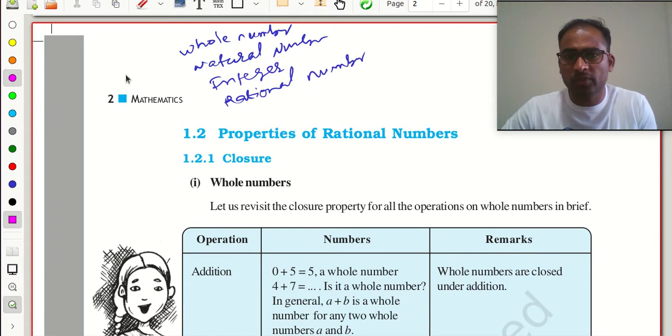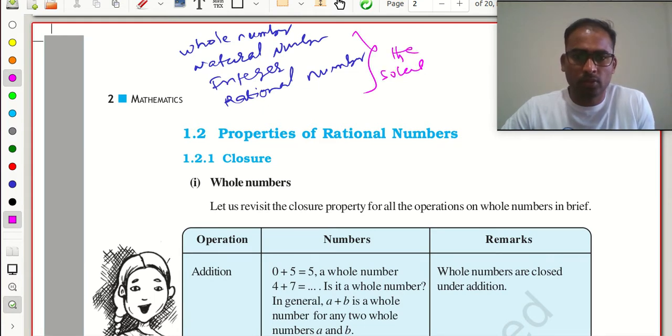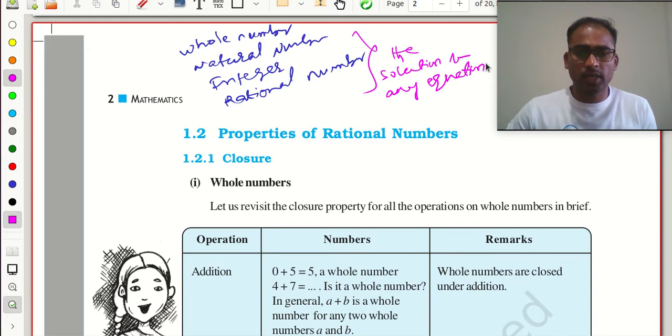Clear? These are the possible solutions for any equation.